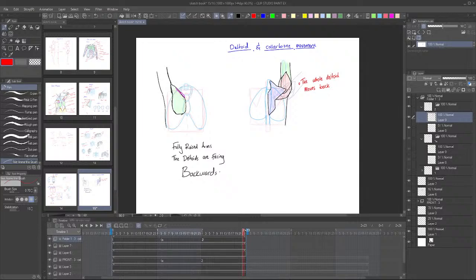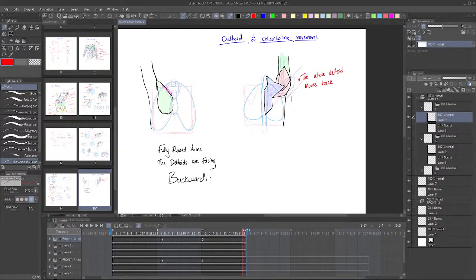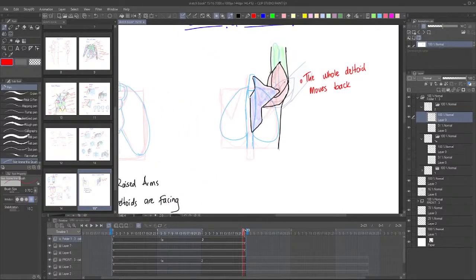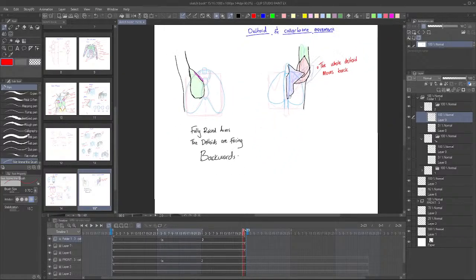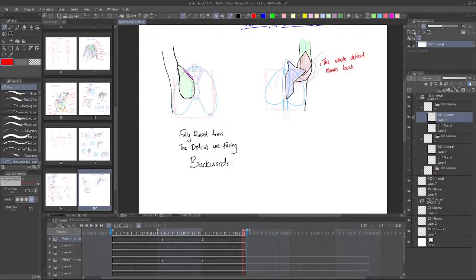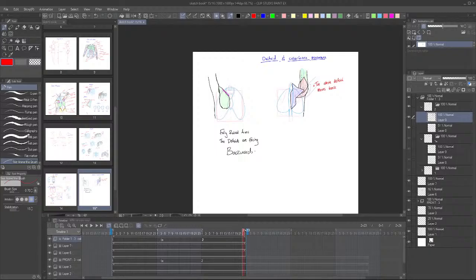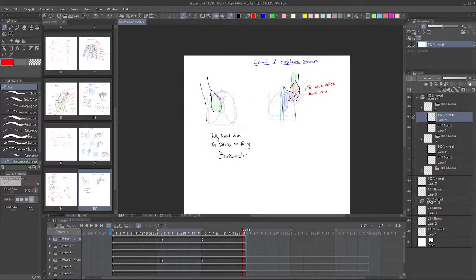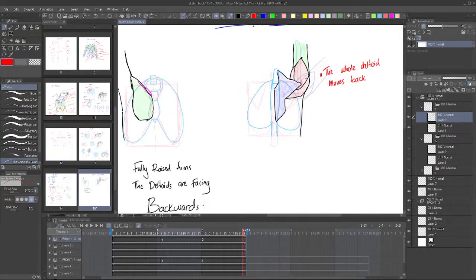So this movement is a little bit unrealistic, okay? Because we are just focusing on the deltoid. So in the next few minutes, we'll look at what happens to the trapezius when you raise the arms.